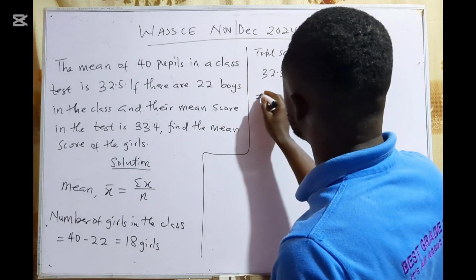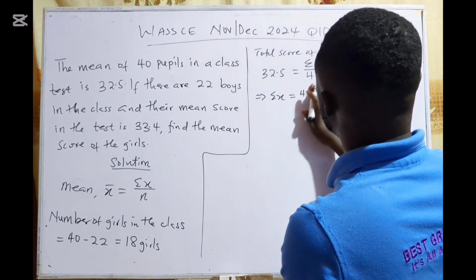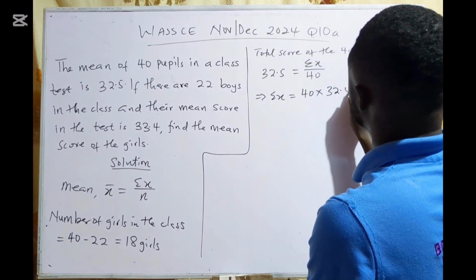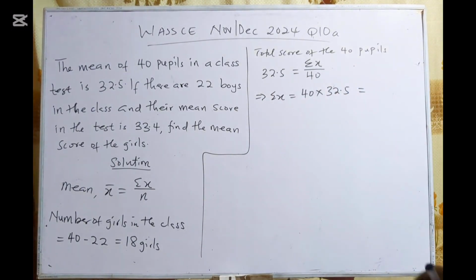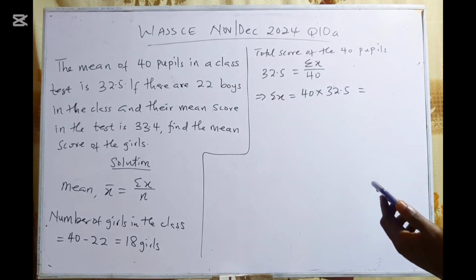Alright, so our sigma x is going to be 40 times 32.5, so that we know the summation, the total score of the 40 people.